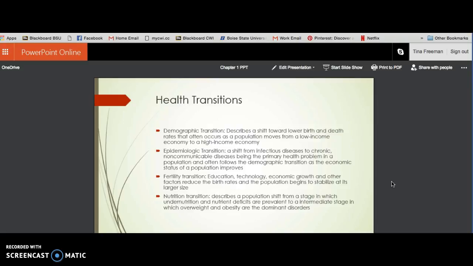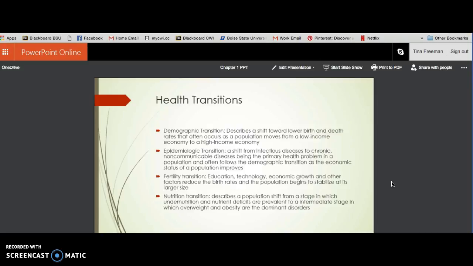And then finally, nutritional transition describes a population shift from a stage in which undernutrition and deficits in nutrition are more prevalent to the intermediate stage in which overweight and obesity are the dominant disorders. You'll find that I stumble over my words a lot.